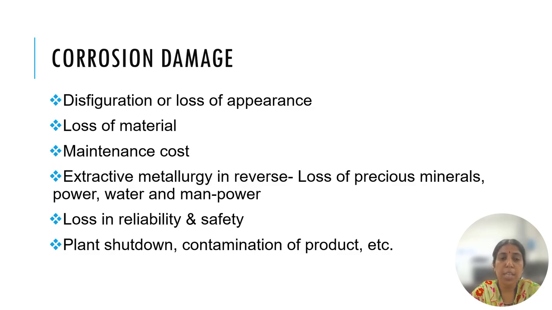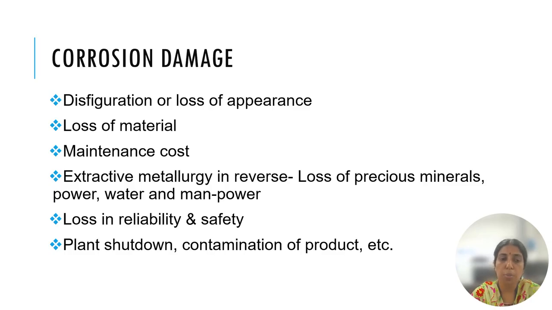Similarly, in extractive metallurgy, there is loss of precious metal, water and manpower, because whenever we extract minerals from ore, we have to input a lot of energy, water and power. So that is also lost as corrosion damage. If it gets worse and we are not paying attention, it leads to plant shutdown and contamination of the products.